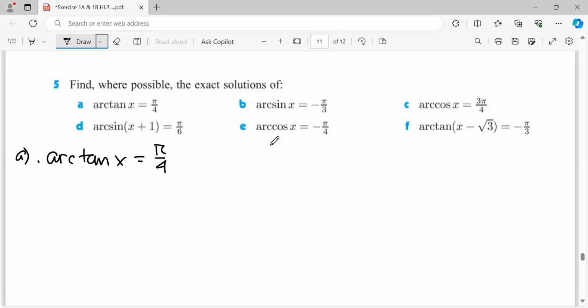I will sketch arctangent x. If we sketch arctangent x, it will be like this.